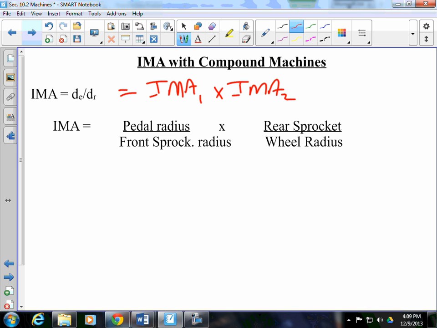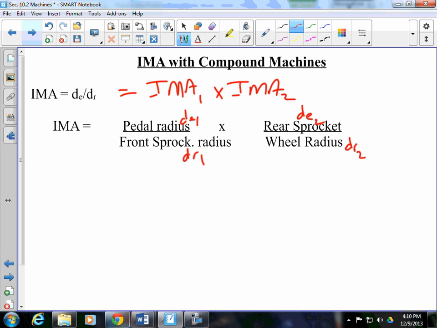The distance of resistance is the front sprocket radius. The distance of effort 2 is the rear sprocket. And the distance of resistance 2 is the wheel radius. So that's an example of a compound machine.